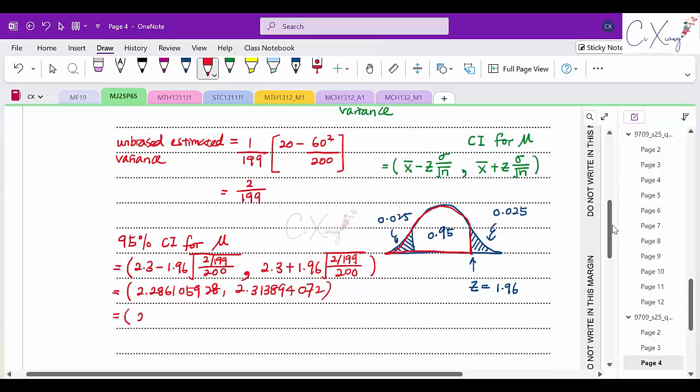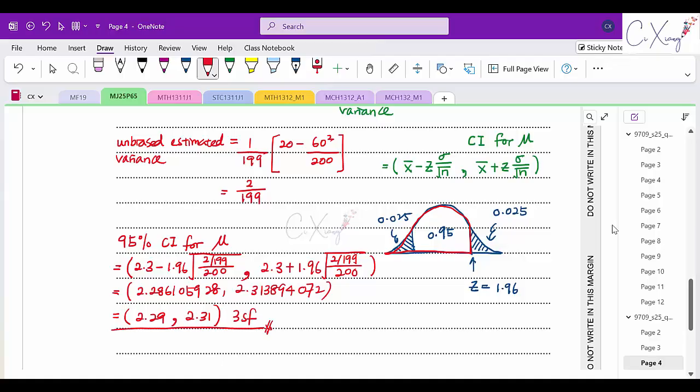Then cut it short into 3 significant figures. By right, your answer will be something like this: 2.29 and also 2.31, correct to 3 significant figures. Alright, so this is how we get the answer for 2A.